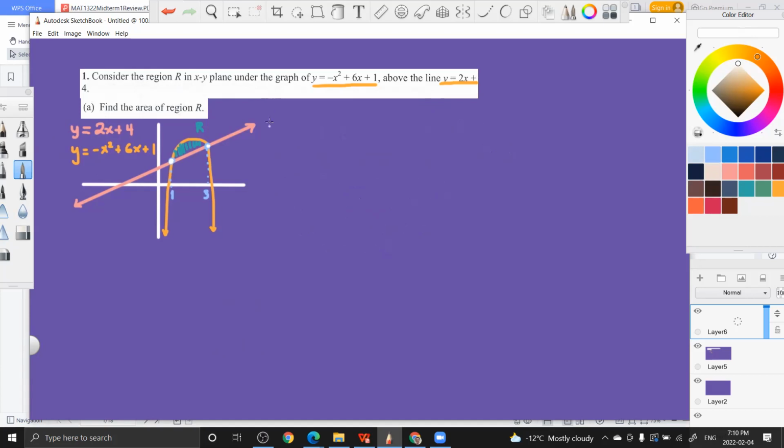So the formula to find the area between two curves is A is equal to the integral from a to b of f of x minus g of x dx, where f of x is the top function. So that's going to be the yellow function, and g of x is going to be the function at the bottom. So let's rewrite this.